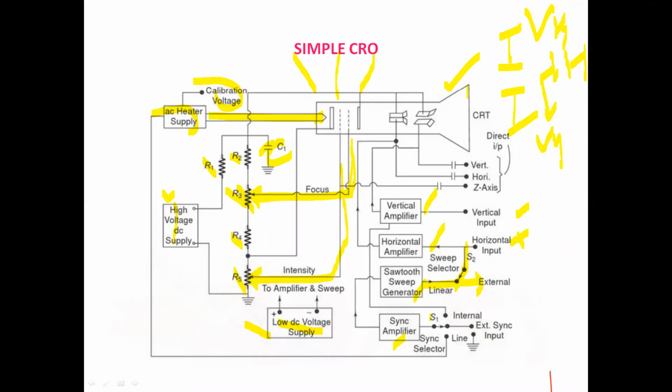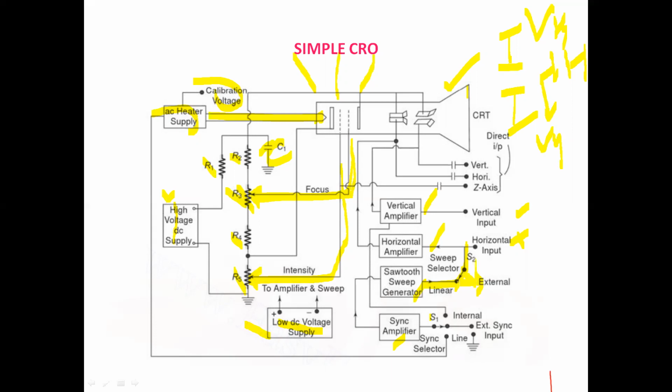So when an externally generated sweep is desired, rather than the internally generated sweep, if I want to give a different sweep signal externally, then I place the switch S2 to the external position, and the external generator is connected to the input.